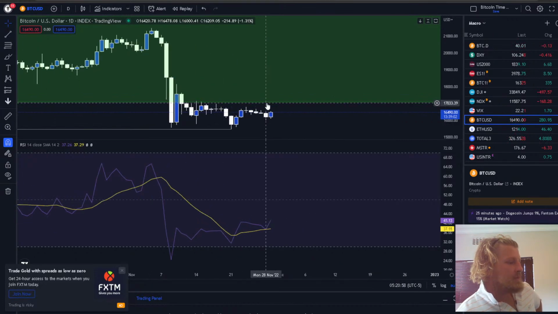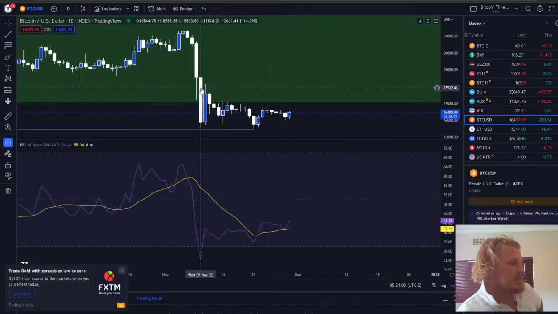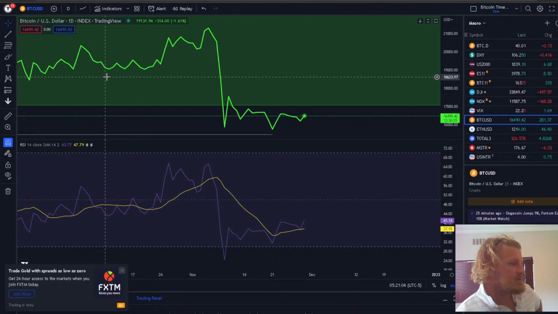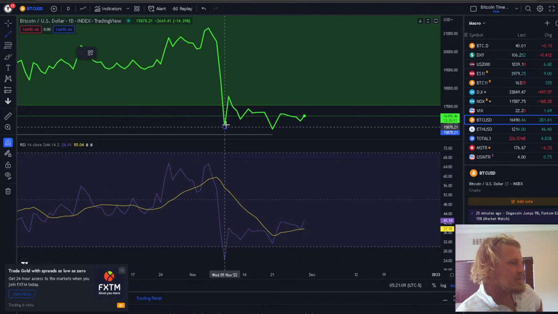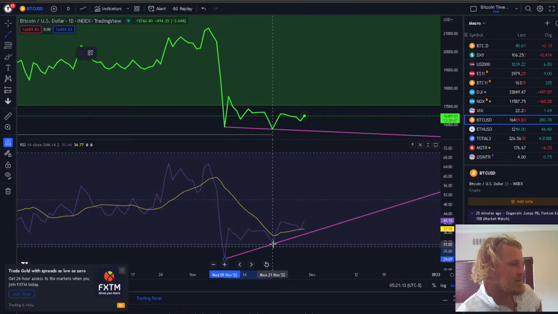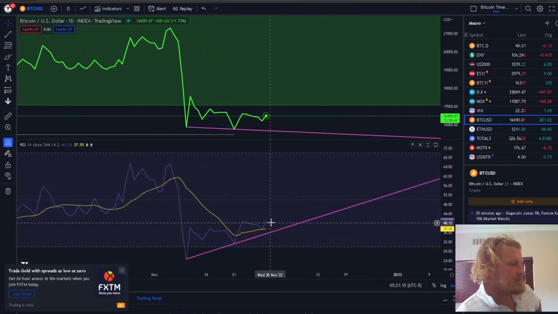So yeah, some different perspectives. But this brings us to Bitcoin. What is Bitcoin doing? Bitcoin was going down here, but we had bullish divergences up here, right? This has now confirmed because the RSI has broken out.